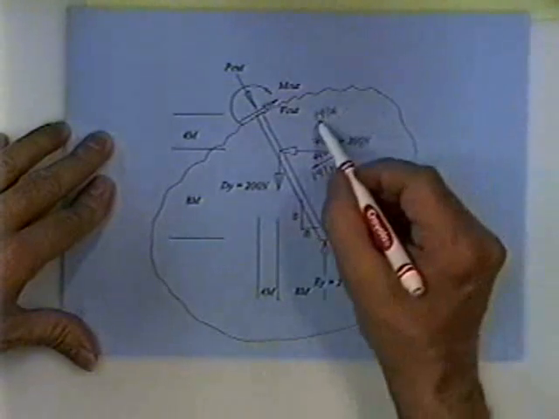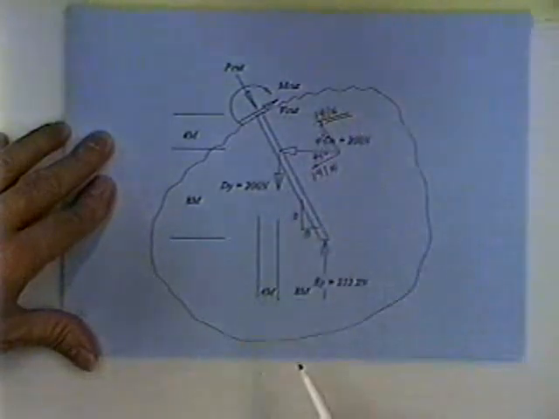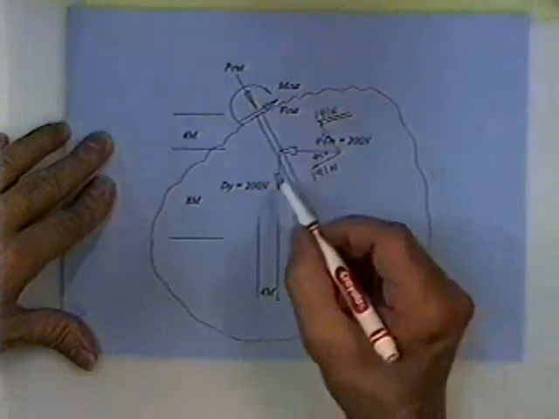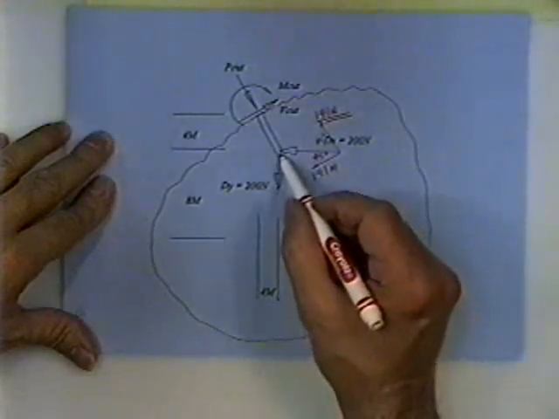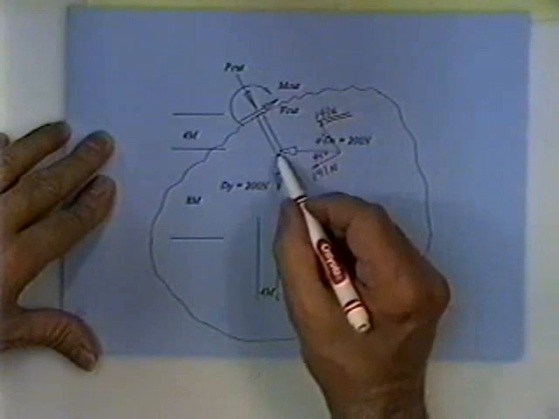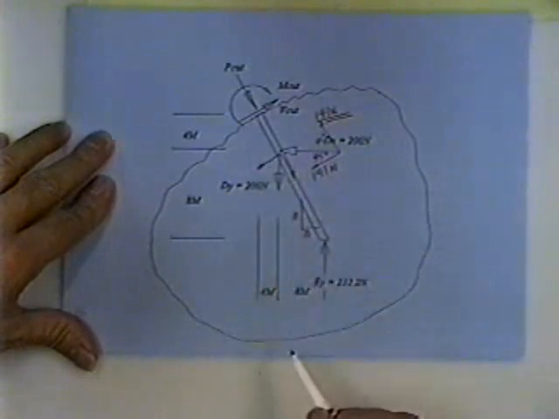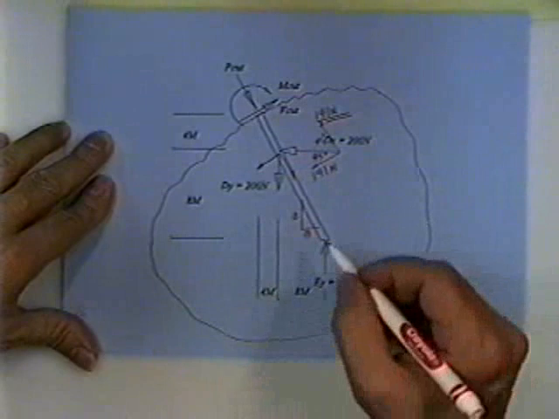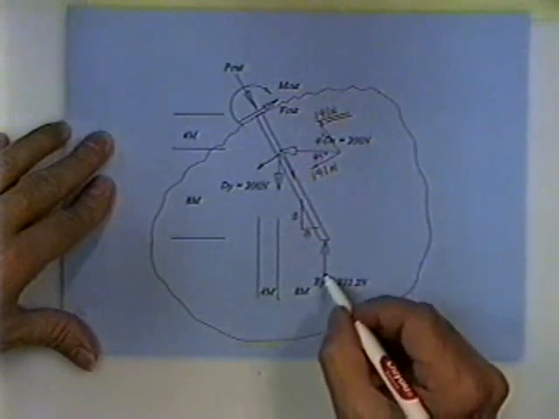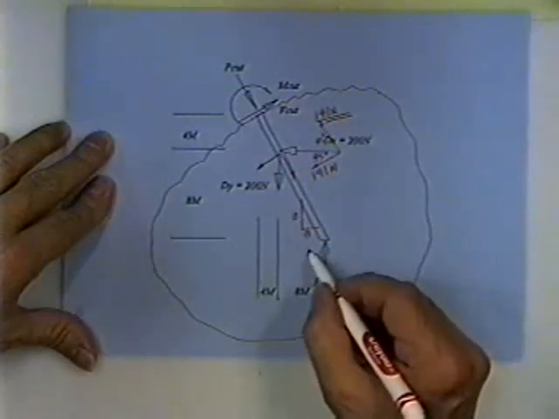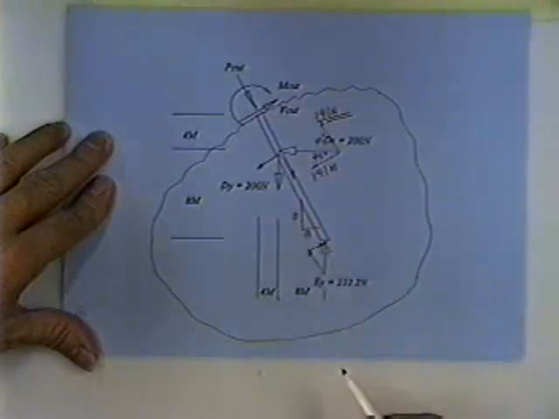This guy here is a piece of the reason P cut is there, because he's pushing up and P cut is having to resist. The same way with the 200 Newton force. You will break it up into its components, parallel and transverse to the member. Then you'll take the Ey force and break it up into its components, parallel and transverse to the member, and sum forces along the member's axis to get P cut.